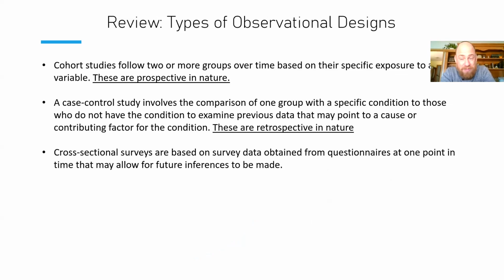And what's the one thing we're not attempting to do? We are not attempting to manipulate the independent variable to assess its effect on an outcome. That independent variable is allowed to be described and occur naturally within the environment in order to assess its effect on the outcome, okay?